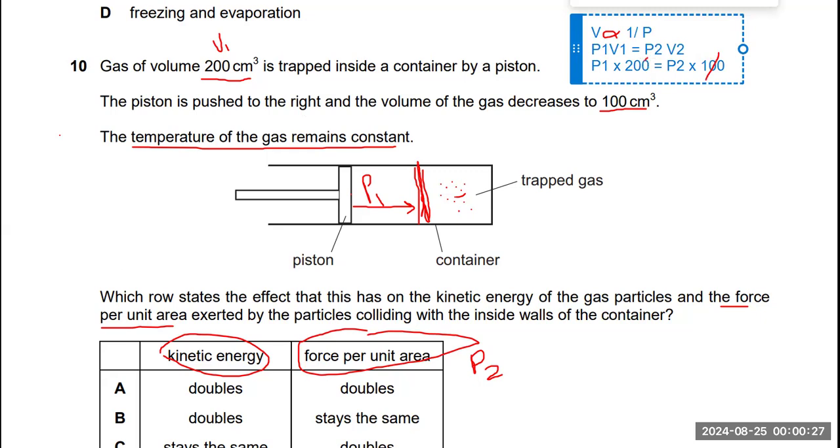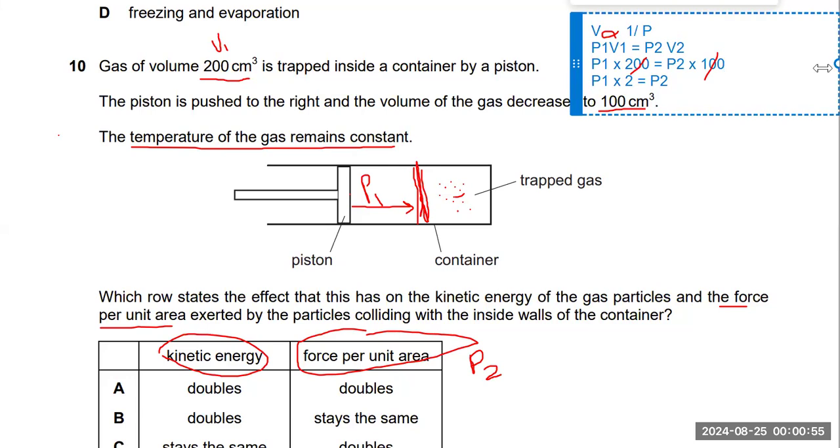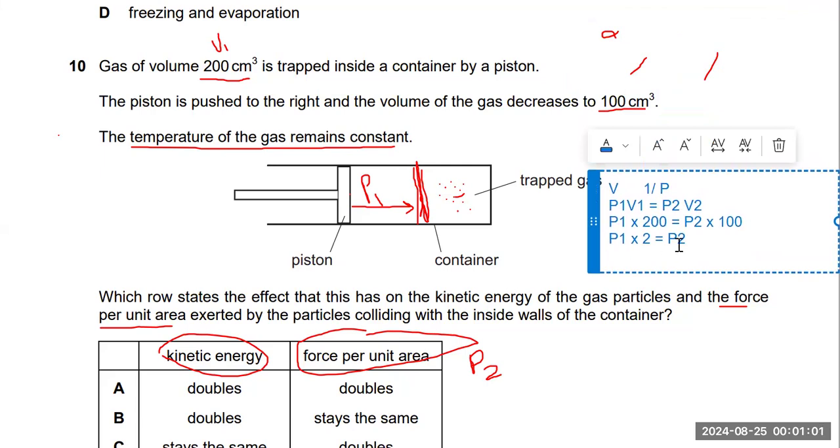Two zeros cancel out of 100 and 200, the remaining side is P1 multiplied by 2 is equal to P2. It means your pressure will be doubled. If you look here, the final pressure will be 2 P1 equals P2.